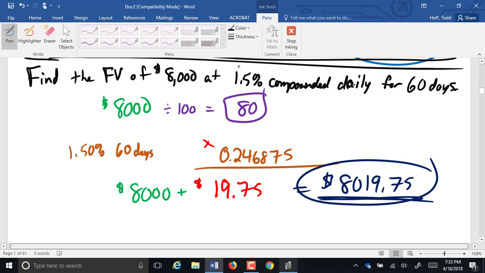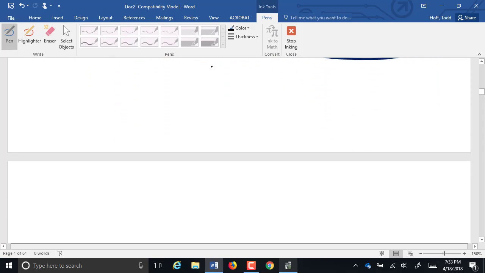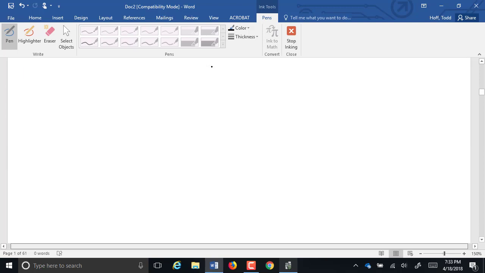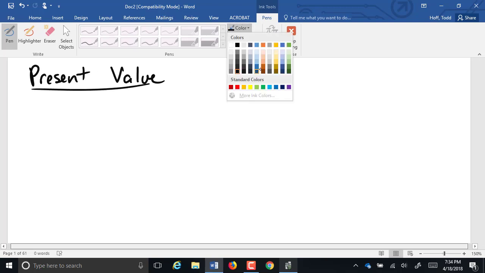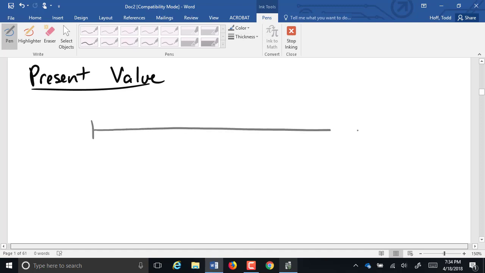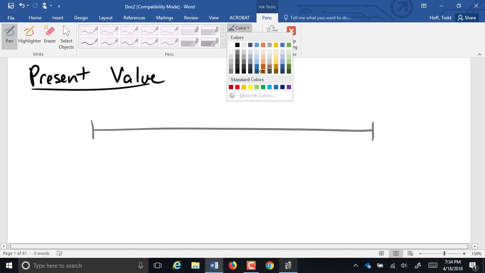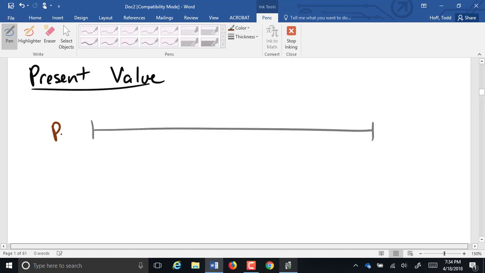Okay. So for our last hour, our last thing we need to learn about is something called present value. What we've been working on so far, if we look at our timeline, we knew the present value.